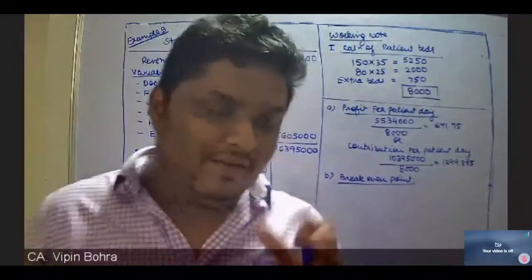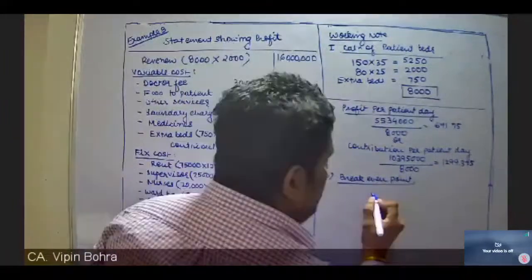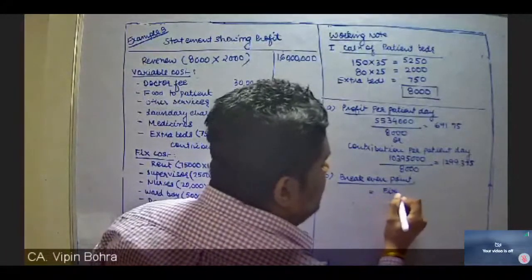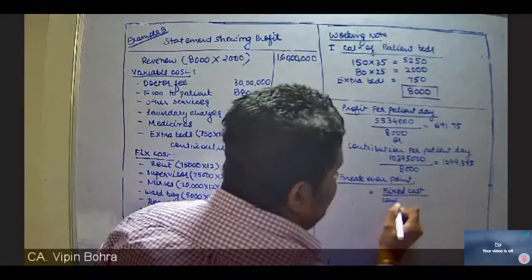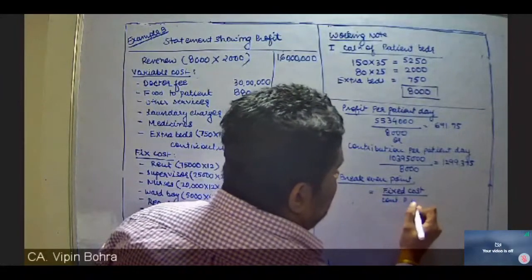So the formula given, I'll be discussing this formula in the coming chapter, marginal costing, is fixed cost divided by contribution per unit.